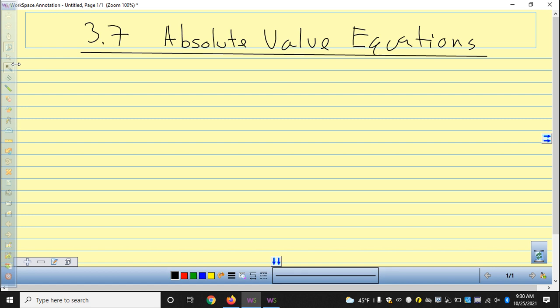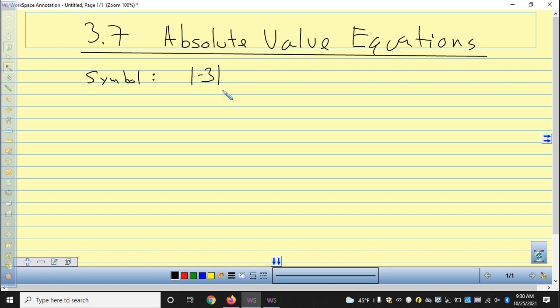So I just want to give us a reminder a little bit about how absolute value works. Our symbol for absolute value is two vertical bars. So we'd have something like that. That means the absolute value of -3.